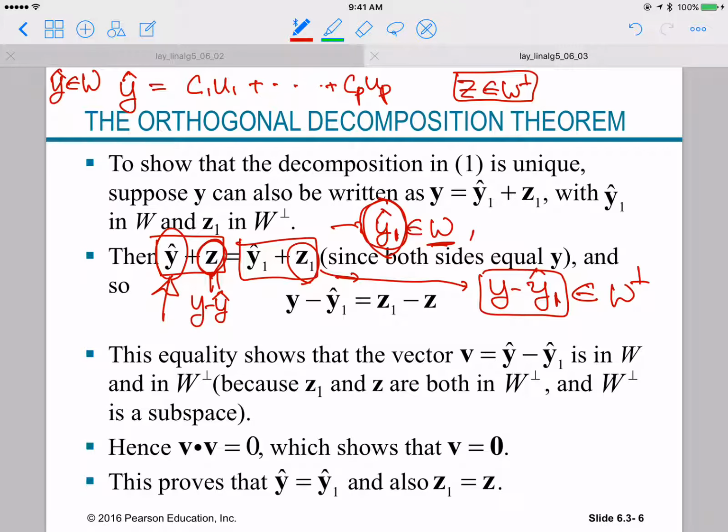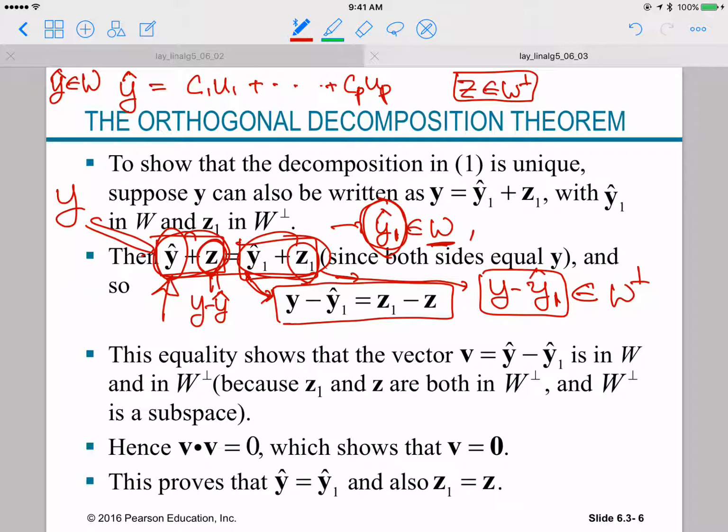Okay, and then these two parts should sum to the original vector y. Let's just manipulate this equation into this form.